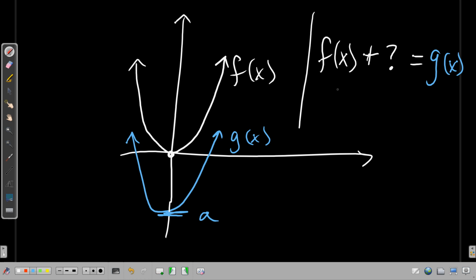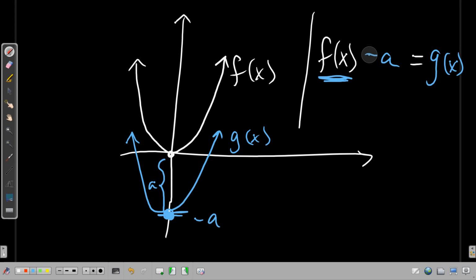So I'm going to scoot f of x down by a units. Actually, if I want to say that, then this has to be minus a. If I want to scoot f of x down by minus a units, then minus a, so I scooted up. If I want to scoot f of x down by a many units, then this point right here has got to be minus a, and that's exactly what this number would be.